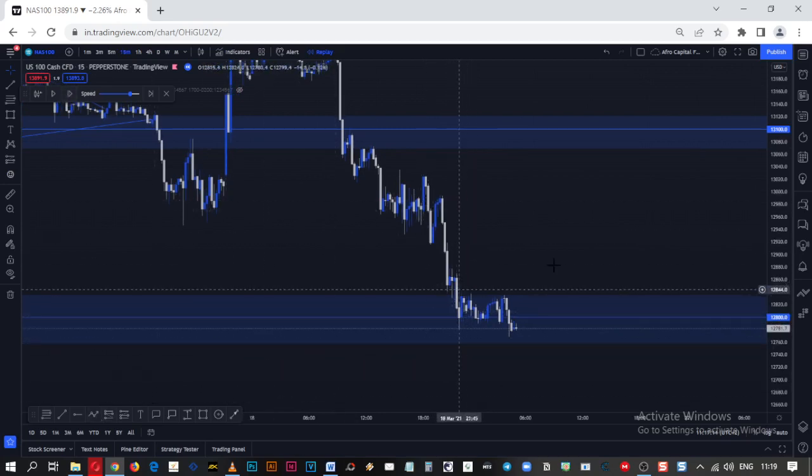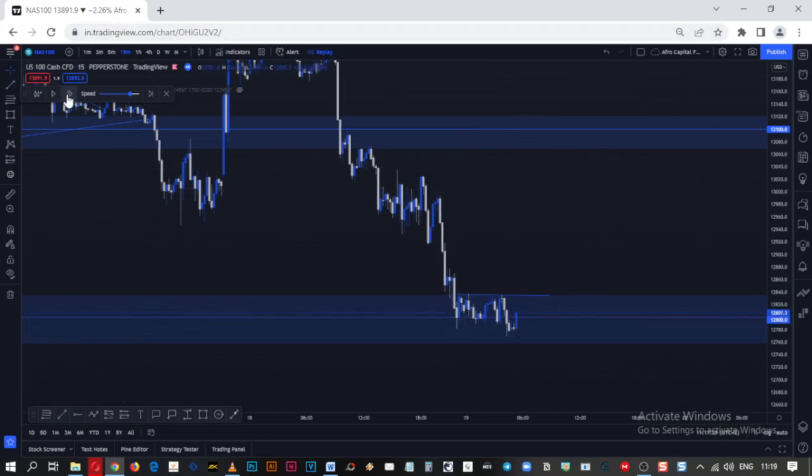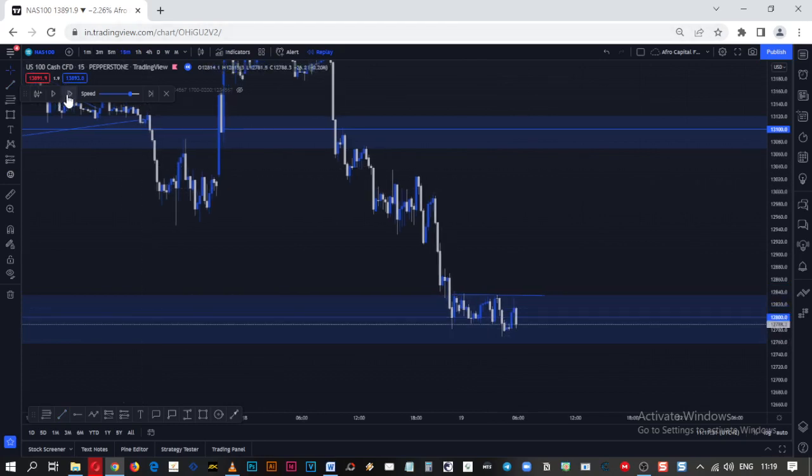Remember, this is an impulse, this is a correction, and within that correction you're basically looking for the pattern which will be created. That's why I'm saying you should be familiar with patterns. If you're familiar with patterns, this gets to be a walk in the park.